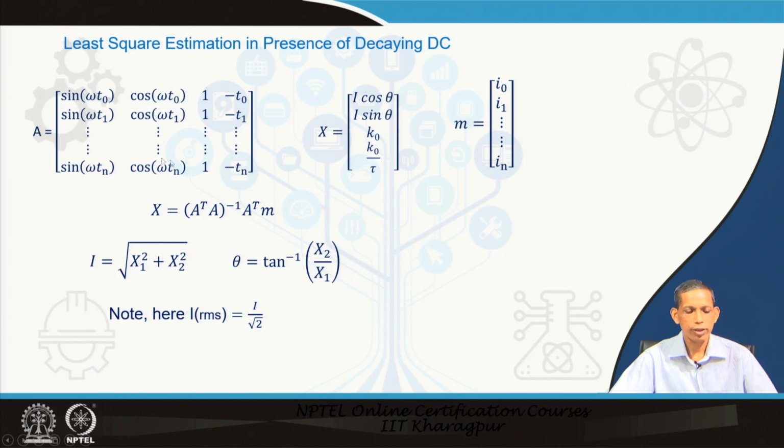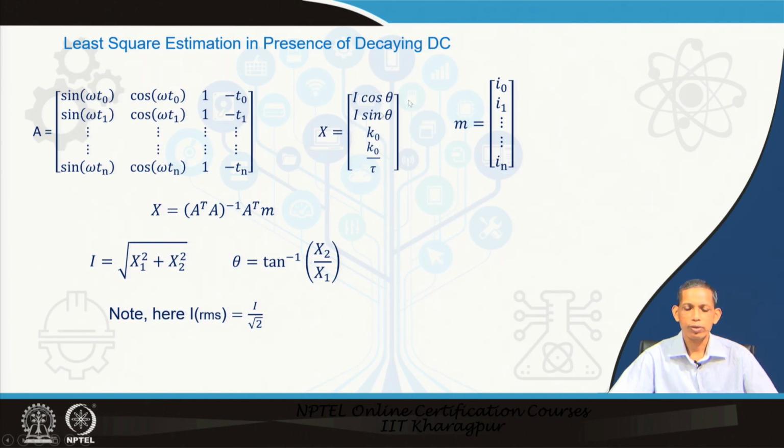So, we say A x equals m, and this is the corresponding signal model perspective for the system. We know A is available to us, like we did for the phasor estimation using least square estimation techniques.